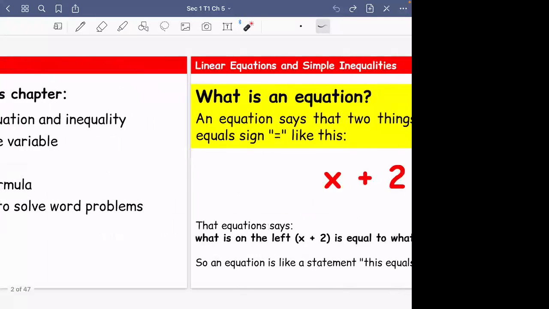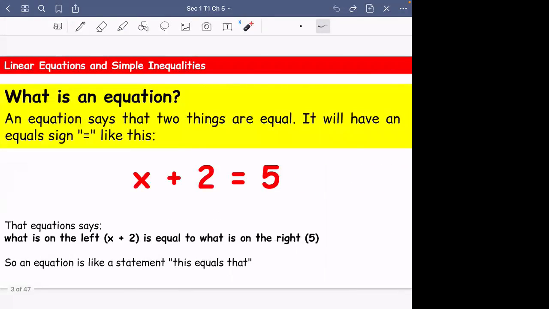Anyway, what's an equation? Besides having the equal sign, what's an equation? From the word equal, that means the left side is equal to the right side. Whatever is on the left is equal with whatever is on the right side.